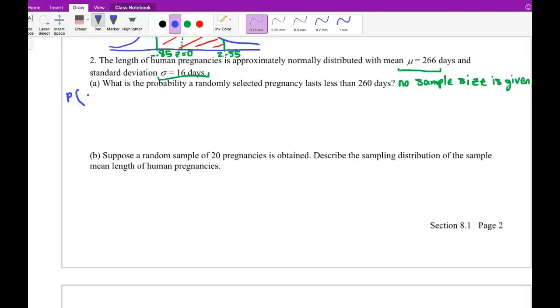So probability of when x is less than 260, because here we have less than. We use this one. We're not using x bar because here we don't have sample size.